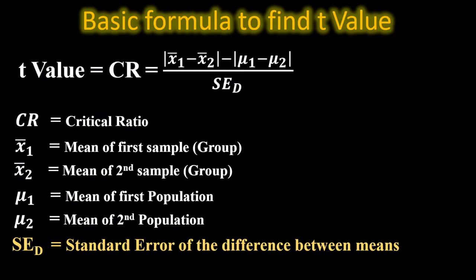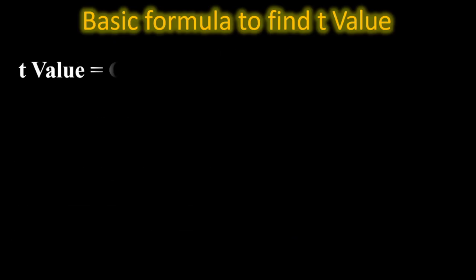Friends, generally in the null hypothesis we assume that population means are equal. No difference is there between population means. In that sense, mu 1 and mu 2 will be equal, so the difference between them will be 0. Keeping this in mind, the formula is later taken like this: t-value equals CR equals modulus of x bar 1 minus x bar 2 minus 0, meaning mu 1 minus mu 2 is 0.